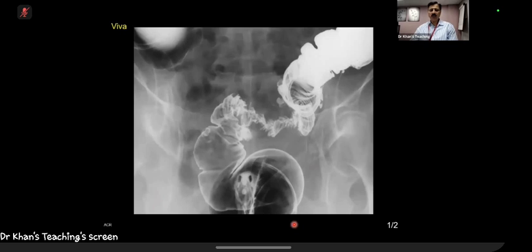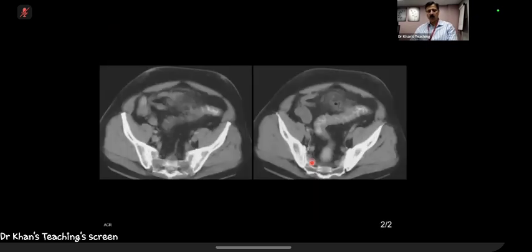And it gives the mucosal outline a peculiar type of serrated outline. Actually, I can see the serrated outline here, but let me explain to you what happens. Look here. This is the CT scan of the same patient, and you can see this high density thing is the mucosa, and you can see this thickened wall right and left.